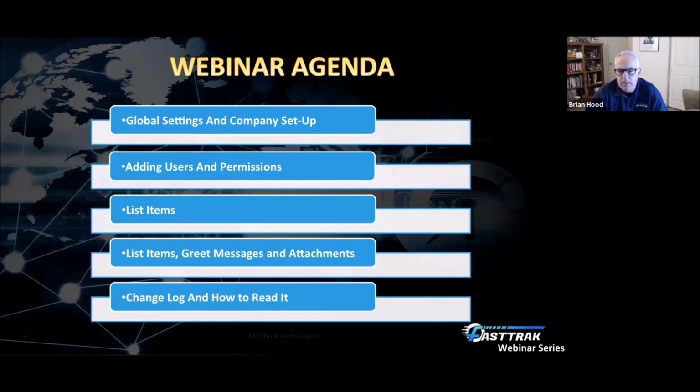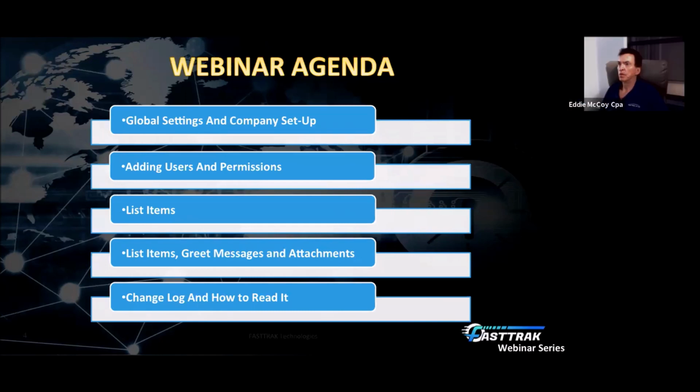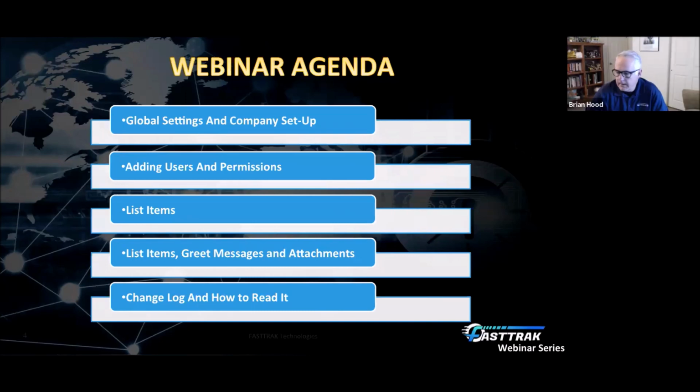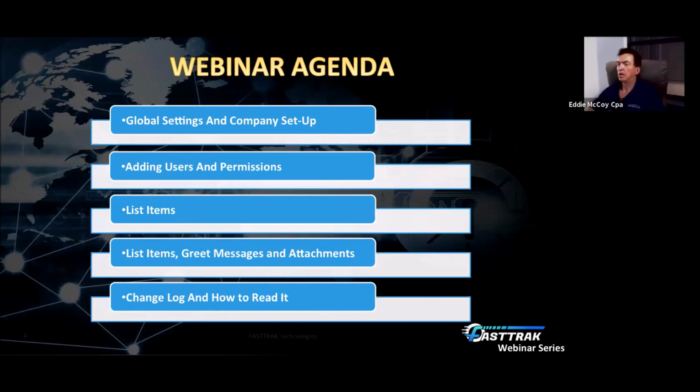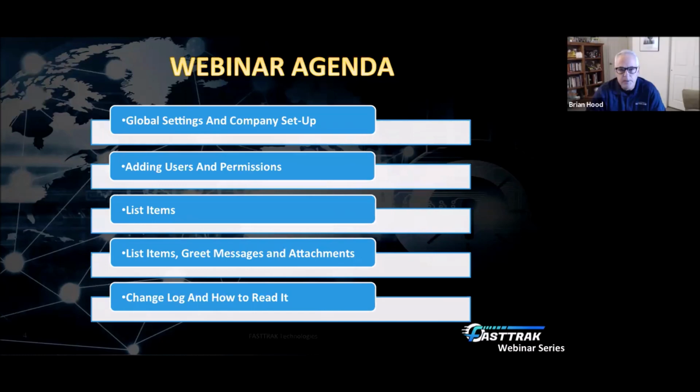Greet messages and attachments. Greet messages for your arrivals. Some of you may know where they are, some of you may not, but we're just going to review some of these items, as well as the attachments you can send out on the confirmations and/or invoices, how you set them up. And finally, I'm going to touch on the change log a little bit and how you can read it. Some people are familiar with it, some people aren't, but just a general review of that.